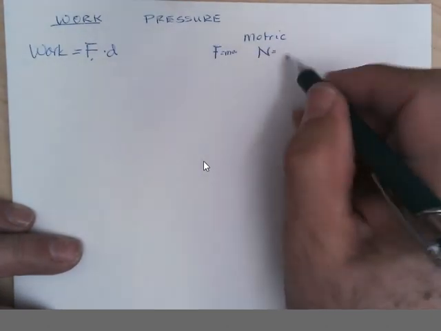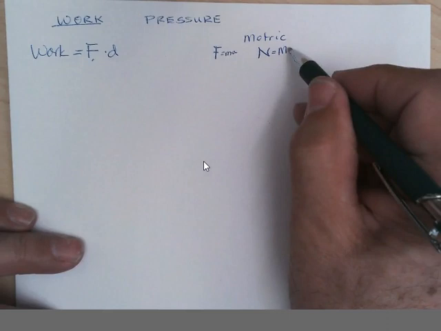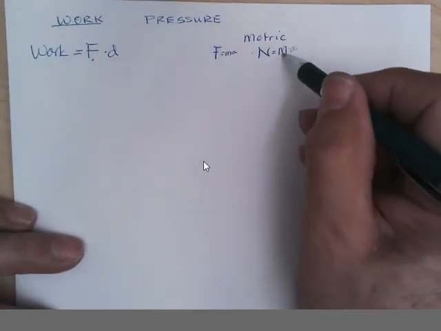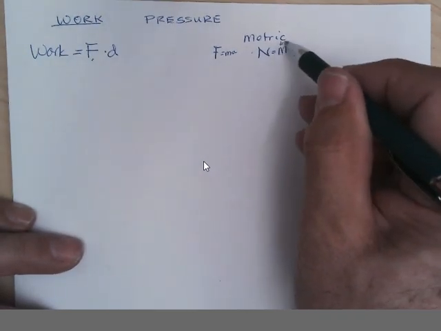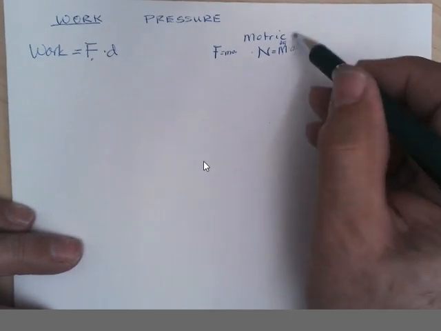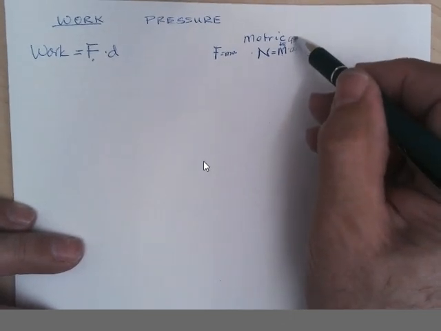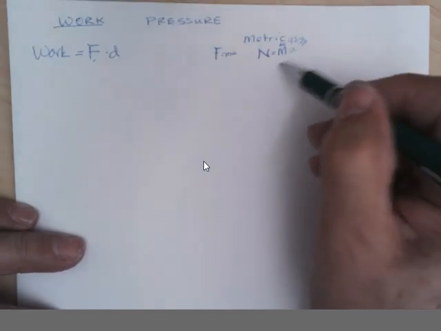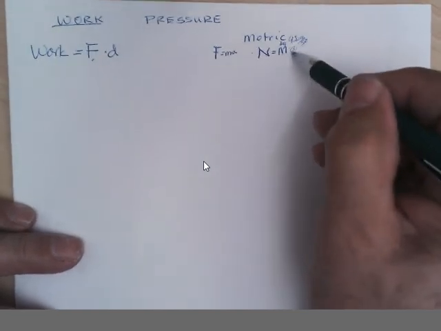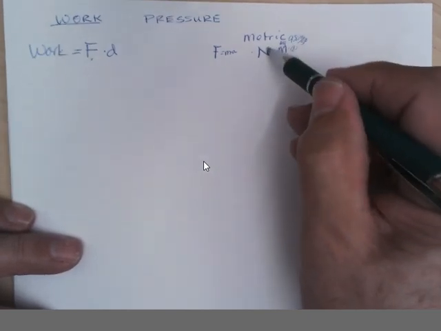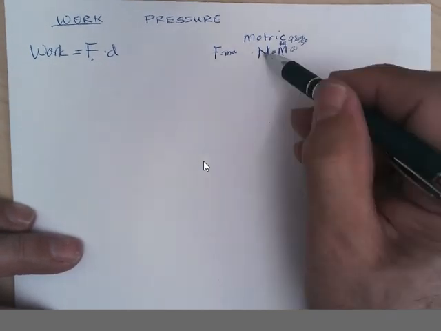Mass is usually in kilograms, and acceleration, if it's due to gravity, is 9.8 meters per second squared. If you're doing something else, it would be whatever that acceleration is. But newtons are the units for force.